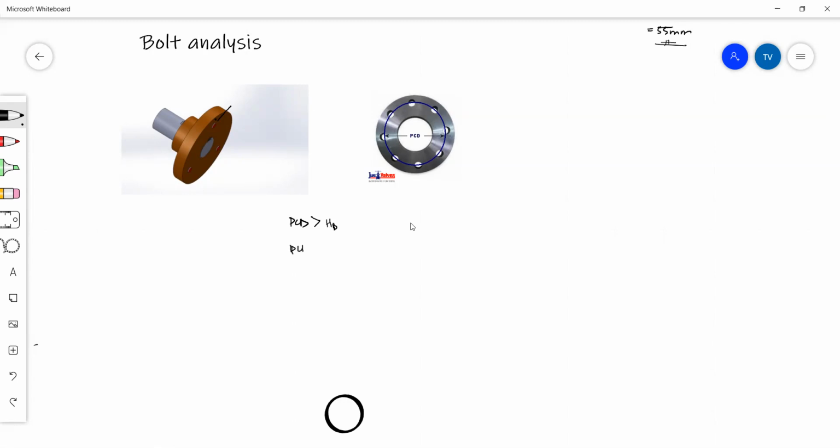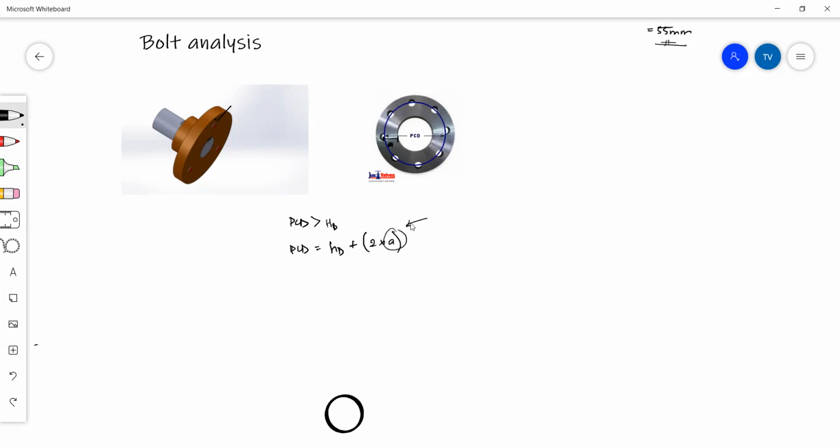And the PCD will equal your hub diameter plus 2 times whatever distance you decide to identify from the center of the bolt to the edge of the hub. Let's call this distance A. 2 times A. Now this A is completely up to you guys.